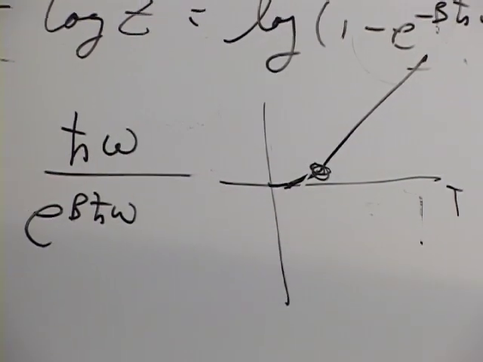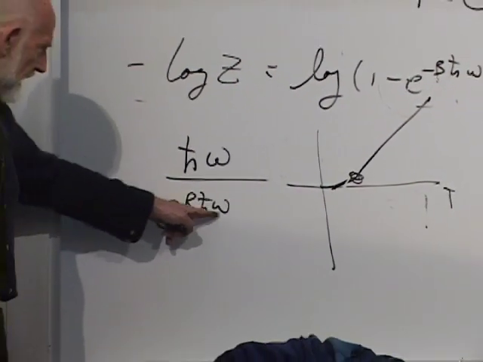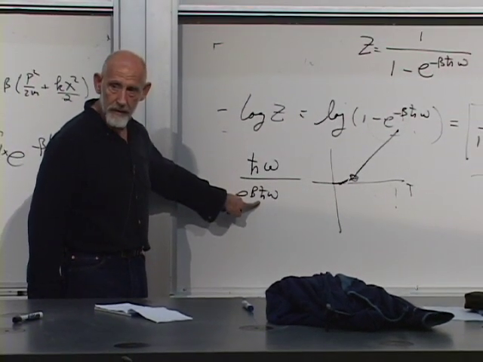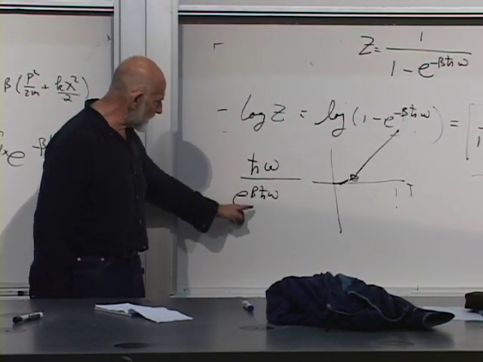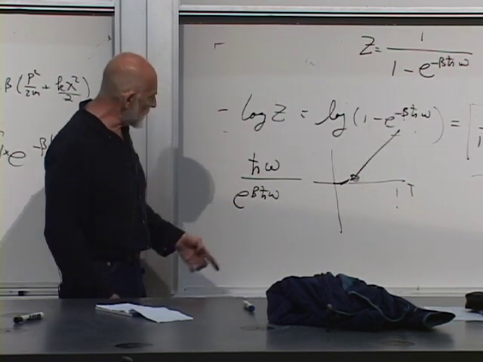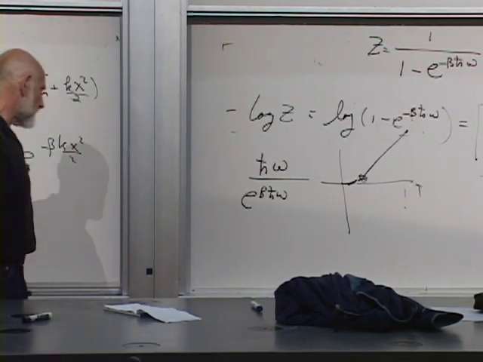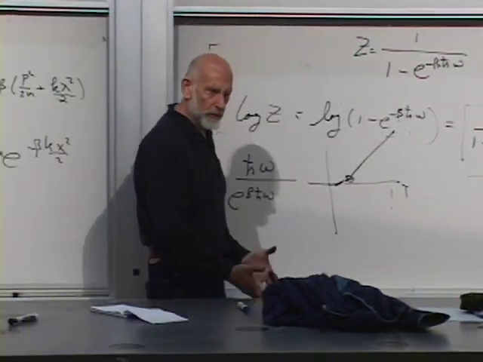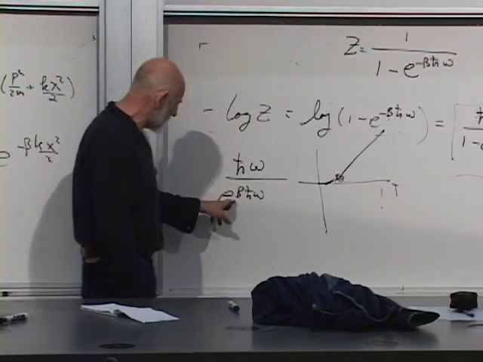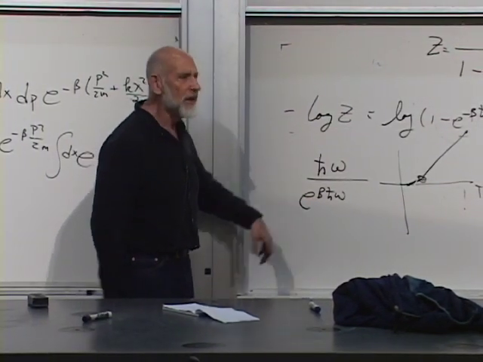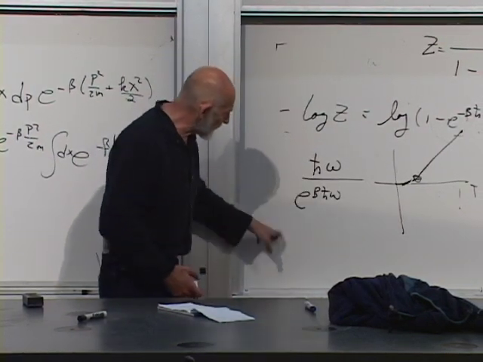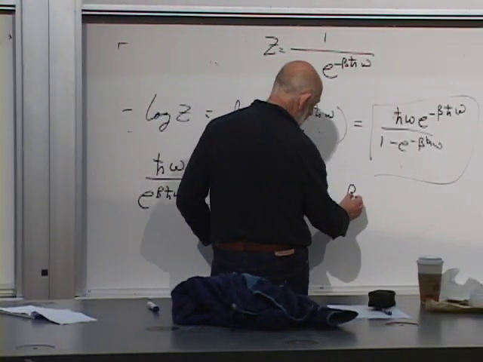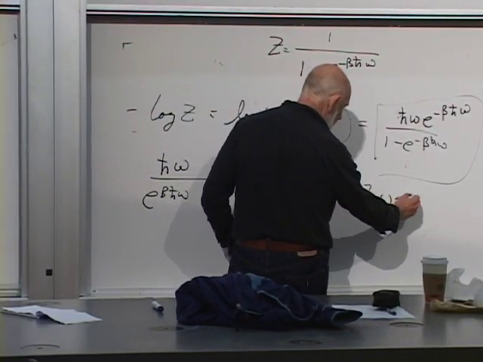It occurs when this exponent gets to be about of order 1. Somewhere in the vicinity, when the exponential gets to be of order 1, that's where the transition happens. And that means when beta h bar omega is about equal to 1.